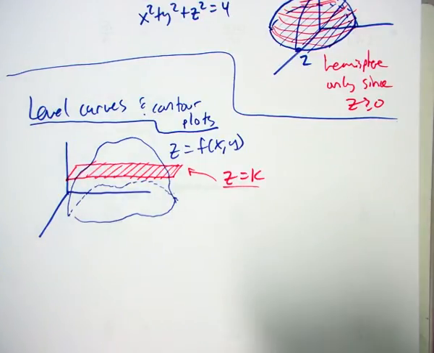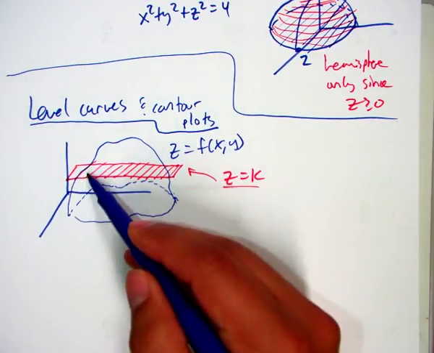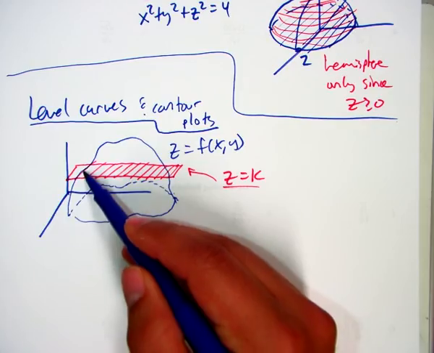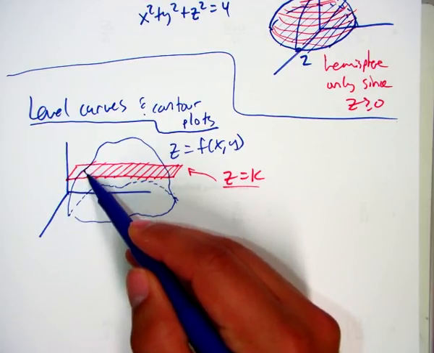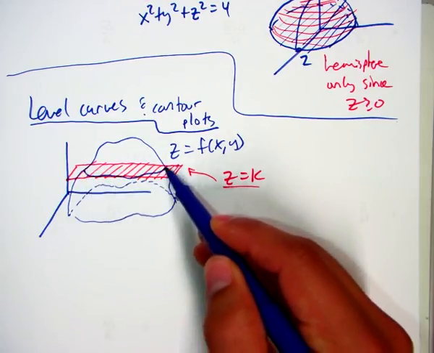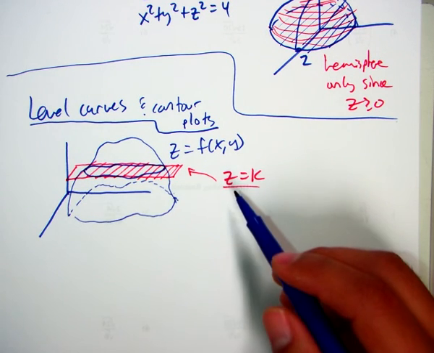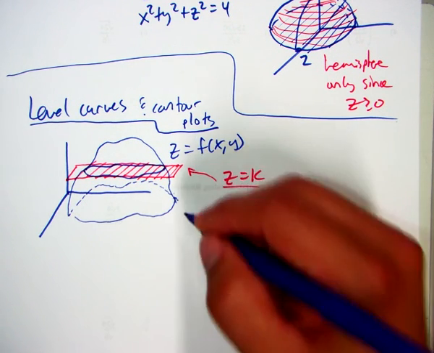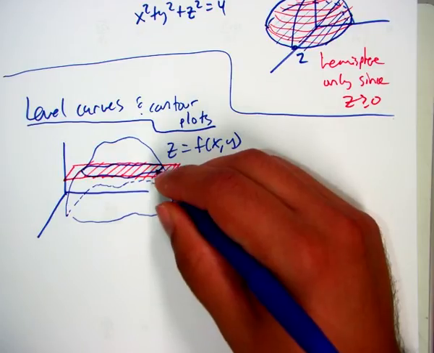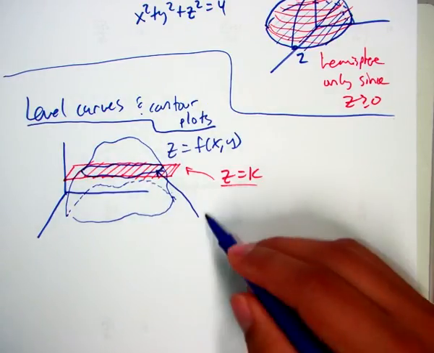Okay. If we graph the resulting figure, this is called a level curve.